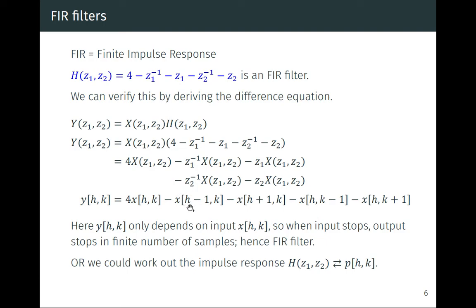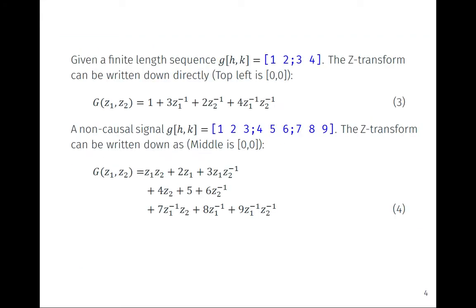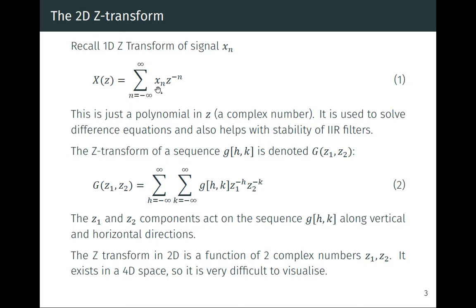Now, the things are written the wrong way. But basically, if you multiply your z transform by z1 to the minus 1, then really what you're doing is an offset. And it's not an offset of minus 1, it's an offset of plus 1. The reason why it's plus 1 and not minus 1 is because when you look back at the definition here, remember what happens to the powers.